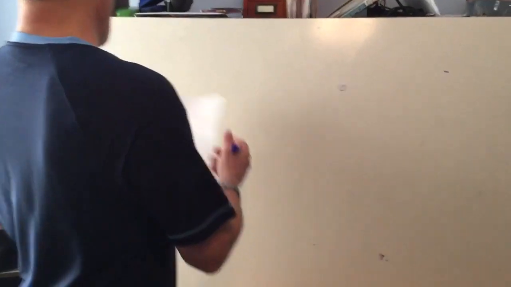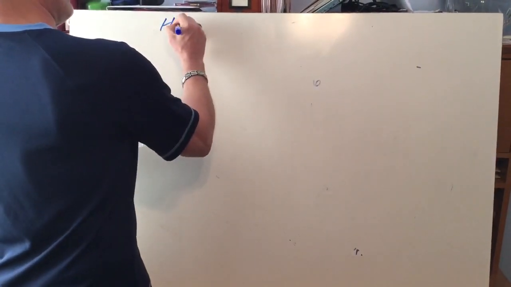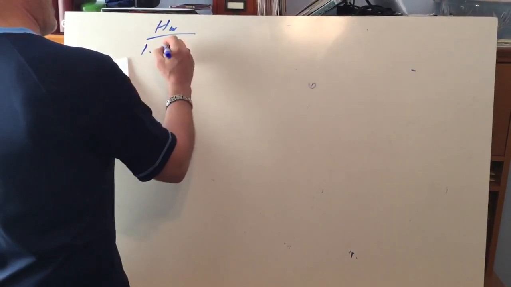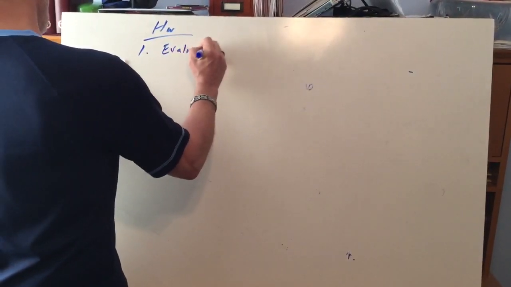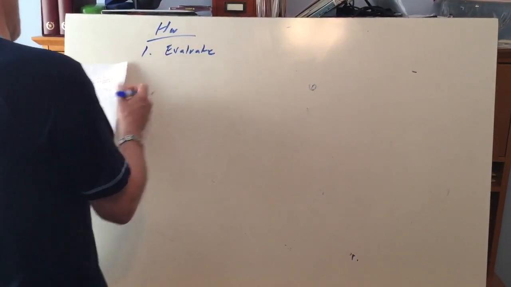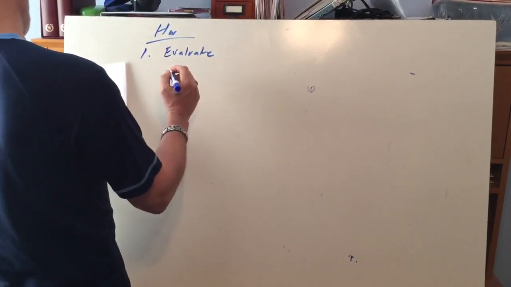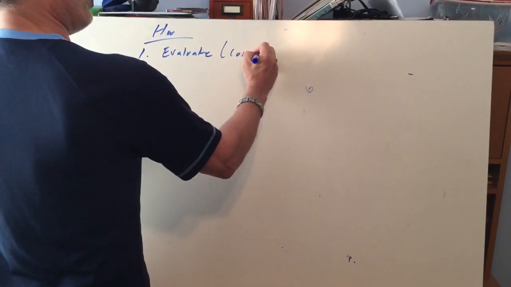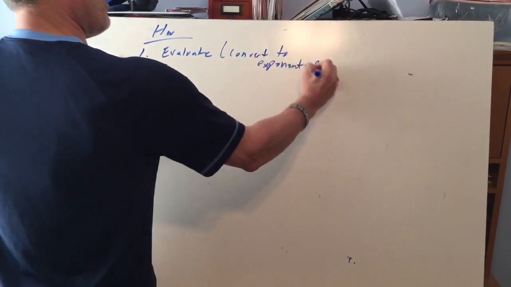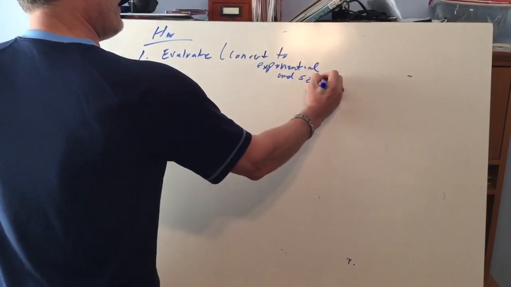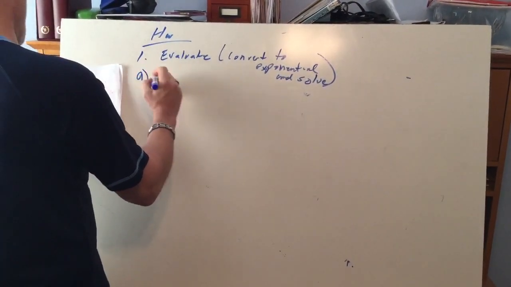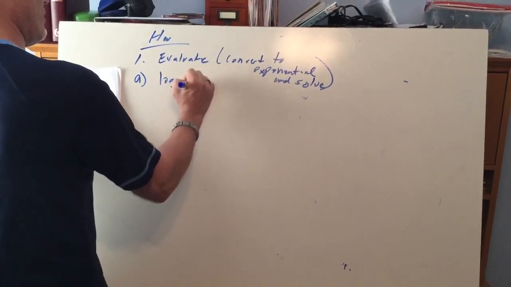The first one, we're just going to evaluate, and with these we convert to exponential and solve. This was done before the break, so let's do a few questions you did before the break, which won't take you long at all.